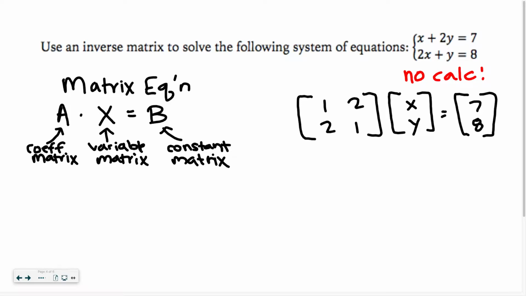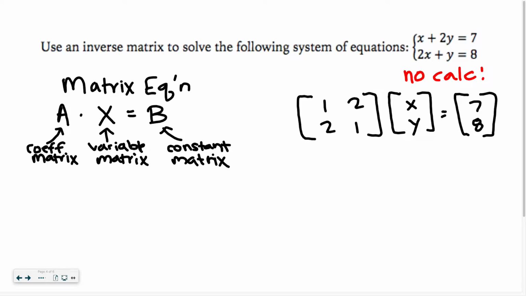What if your variable had something being added to it? X plus 3 equals 5. How would you solve for x? You would subtract it, right? If your variable was being squared and you wanted to solve for just x, what would you do to both sides? Square root it. What you're doing in all of those scenarios is performing the inverse operation. The inverse of multiplication is division, the inverse of addition is subtraction, the inverse of squaring something is square rooting it.